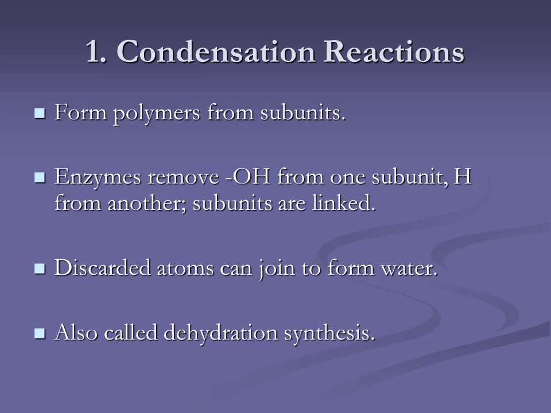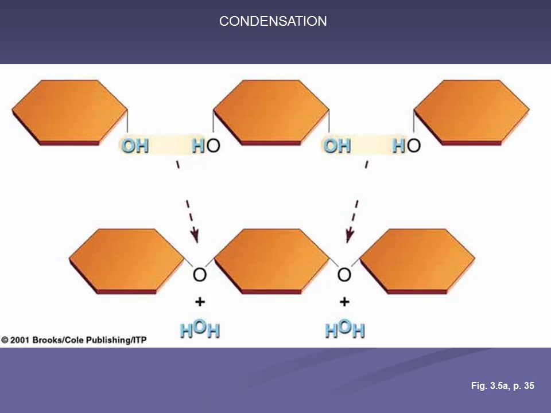In our illustration, we have some carbohydrates, monosaccharides. We use enzymes, liberate our water molecules, and now we have these covalent oxygen linkages that are holding our monomers together into our growing chain of carbohydrates.